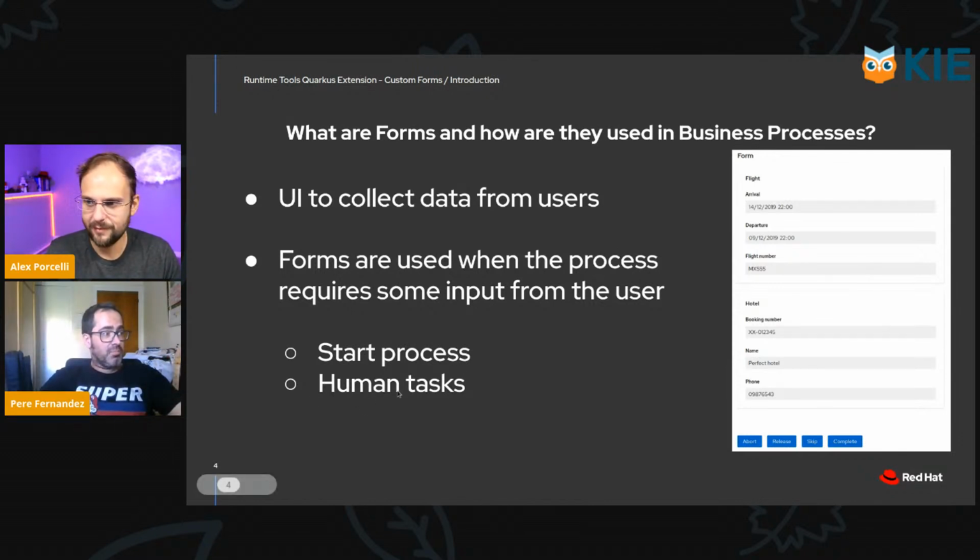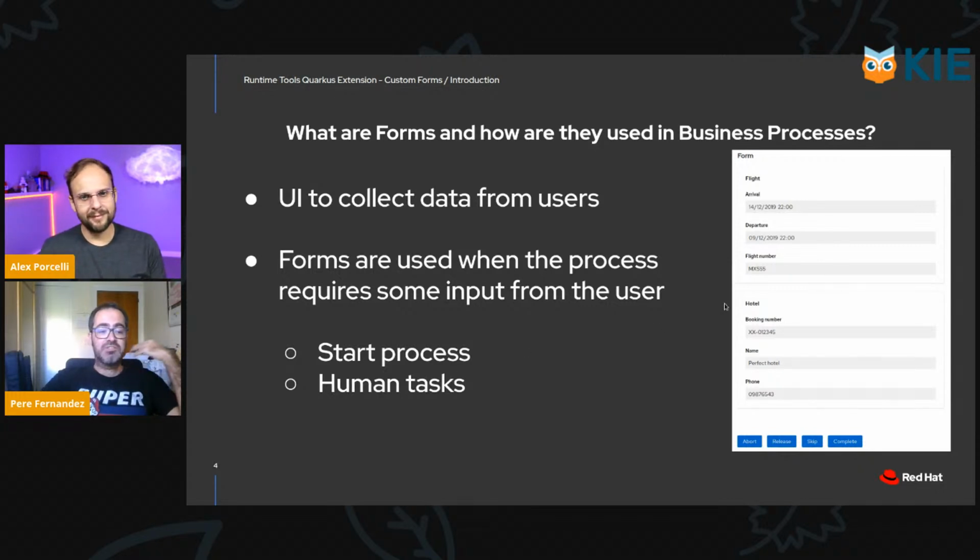Another place where forms are required is in human tasks. Let's say you are a person working in your own task inbox, and you have a task assigned to you. In order to complete the task and make the process continue, you have to fill in a form, provide some data in it, and complete the task, and that's it.